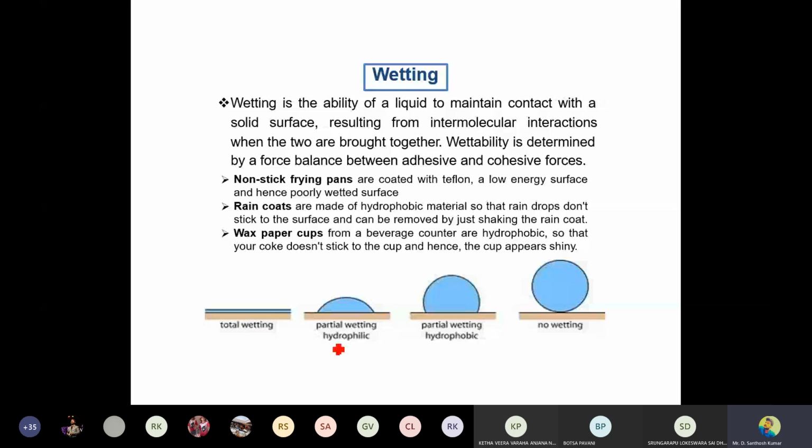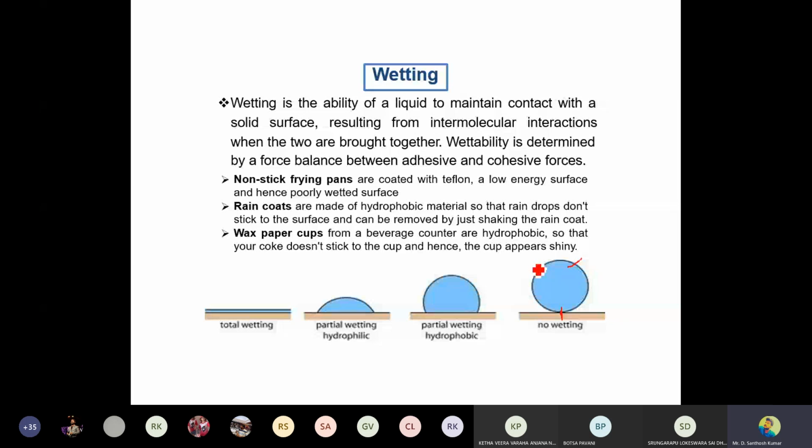But here you can see that it is a partial wetting. Here again it is a partial wetting, and you are getting a hydrophobic, and this is the hydrophilic, and this is no wetting, only a point contact between the surface and the liquid. So you have to avoid these kinds of situations whenever you require a good interface between two solids.